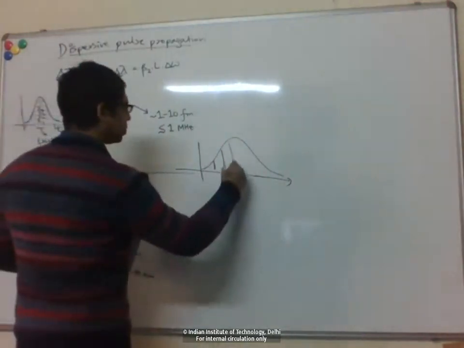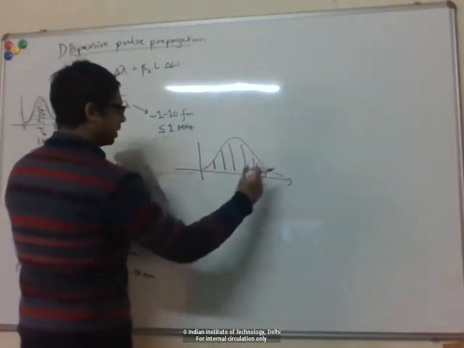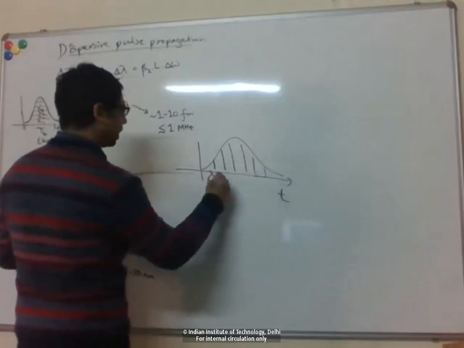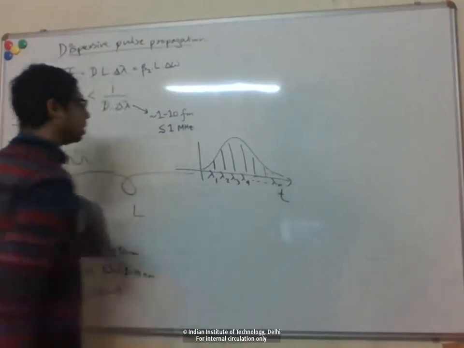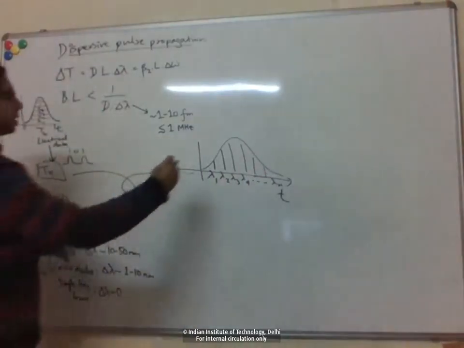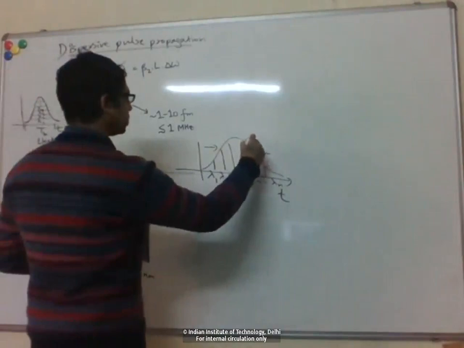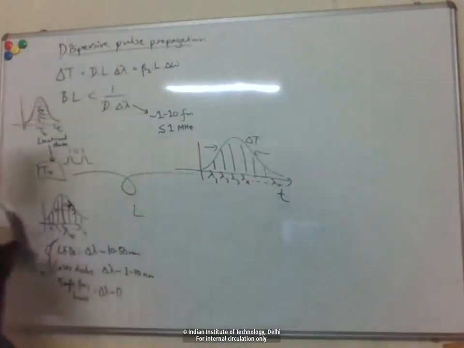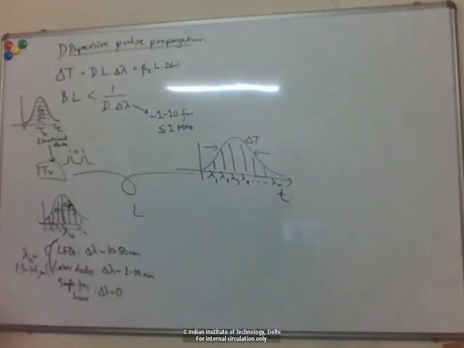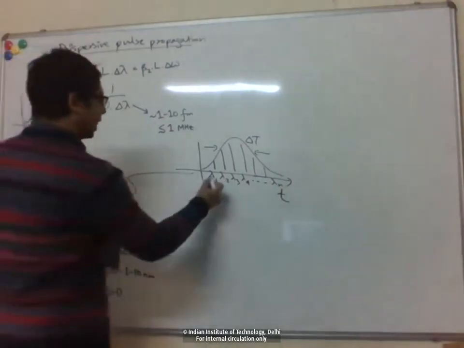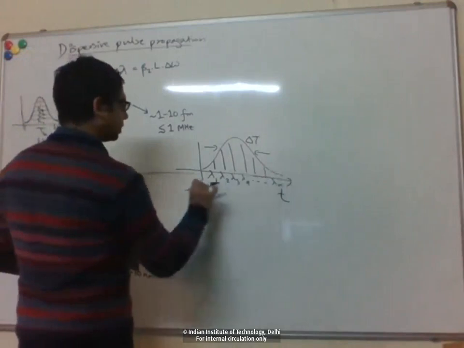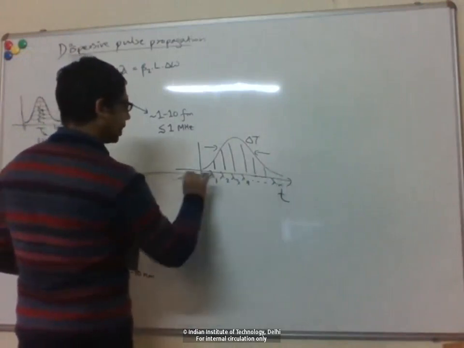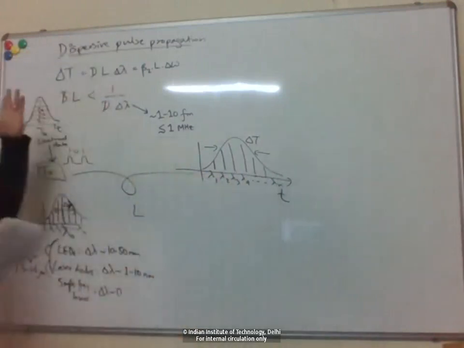And then there will be a split in time of these different wavelength bands, which will lead to this broadening. Whether lambda 1 comes first or lambda n comes first, so whether this is an increasing wavelength with time or decreasing wavelength with time, depends on the sign.